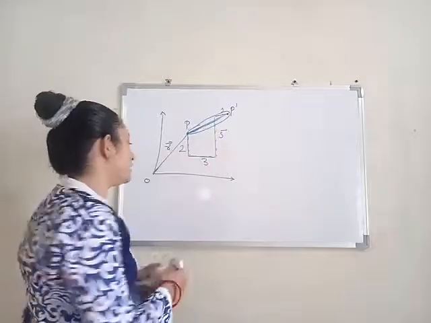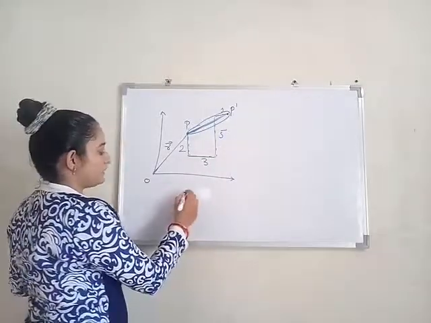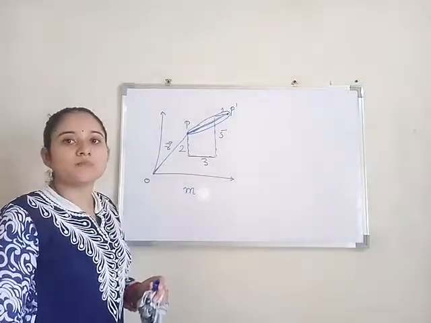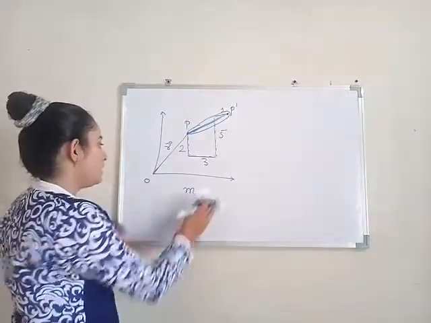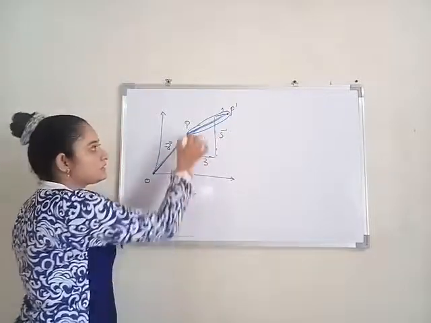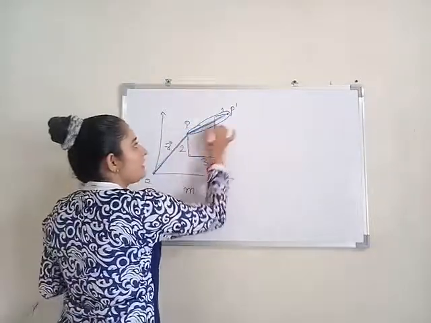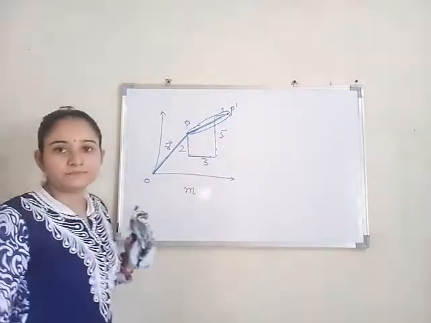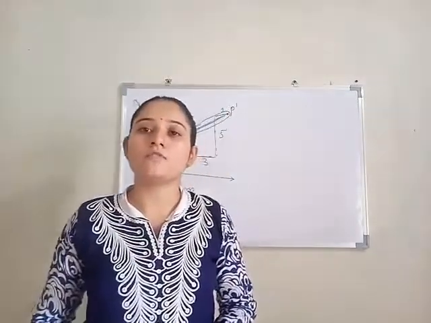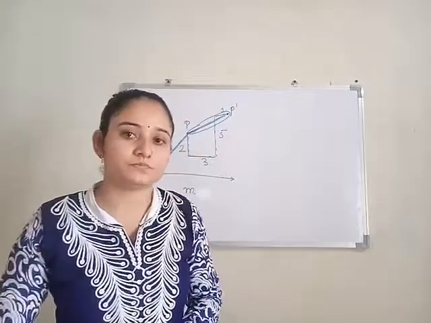So the distance and displacement D has the SI unit meter and denoted by small m. So this was your position vector. This is the position and this is the displacement. Clear? So this was your topic number 4.2.